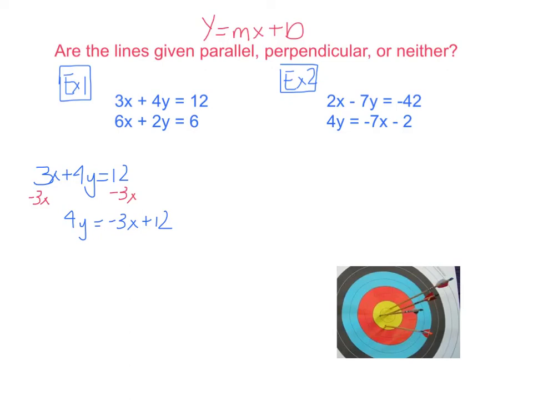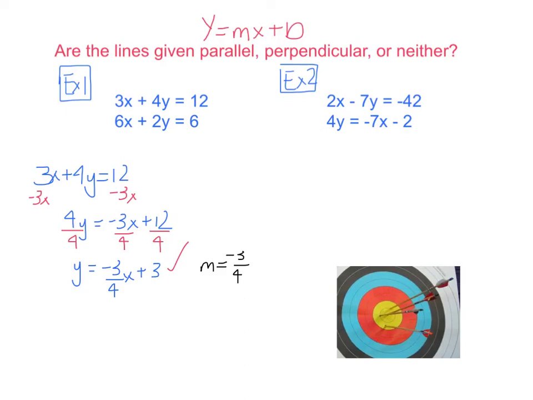My next step is to divide by 4, and I divide every single term by 4 to maintain the equality of the equation. I end up with y equals negative 3 over 4x plus 3. Now I can say that this line is in slope-intercept form, and I can draw the conclusion that the slope is negative 3 over 4.